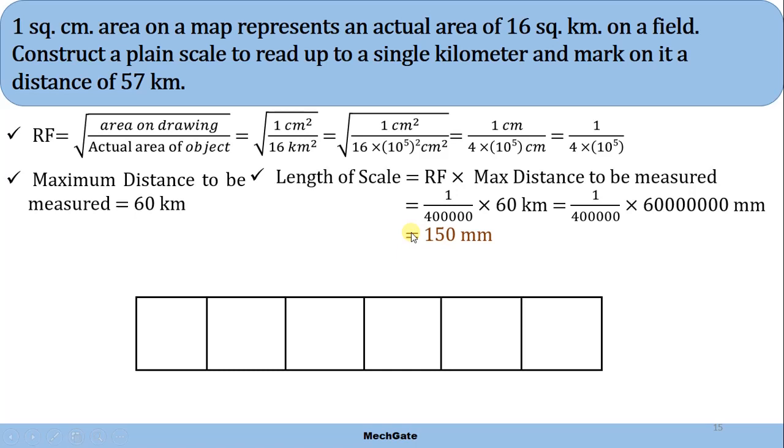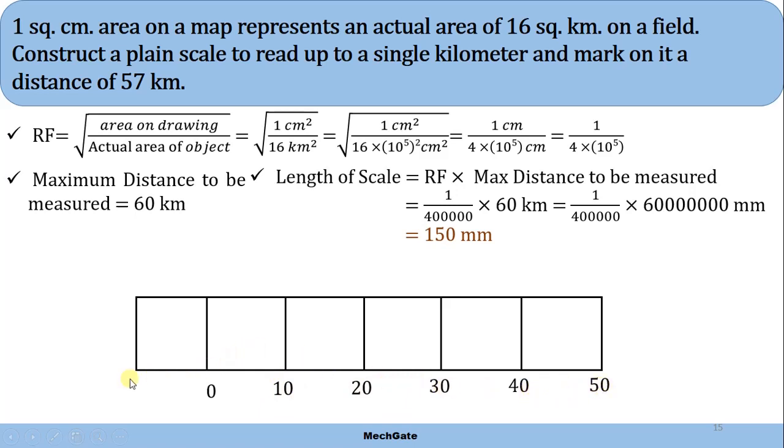So 25 millimeters each. Now at the end of the first division, put a 0, and on the right hand side of the 0, our larger unit, that is kilometers, in terms of 10, 20, 30, 40, because the maximum distance is 60. So 0, then put 10, 20, 30, 40 and 50.